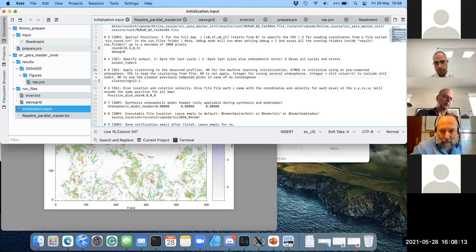But we kept it at this part as the user side. So if you just put yes in clustering, as mentioned there, the code looks for this file, picks the atmosphere corresponding to it and runs that one. So it's not automatic, it's up to the user to decide the clustering method that you want.